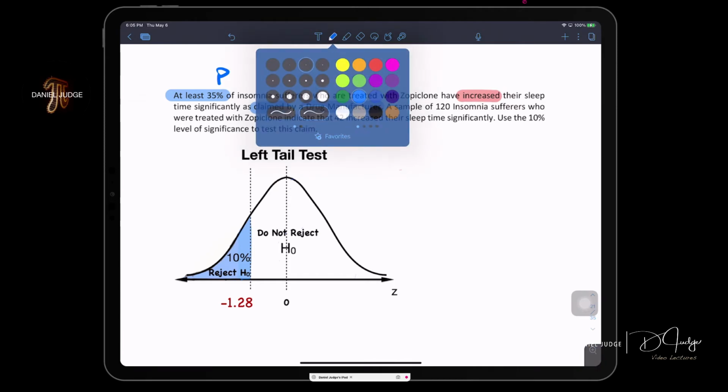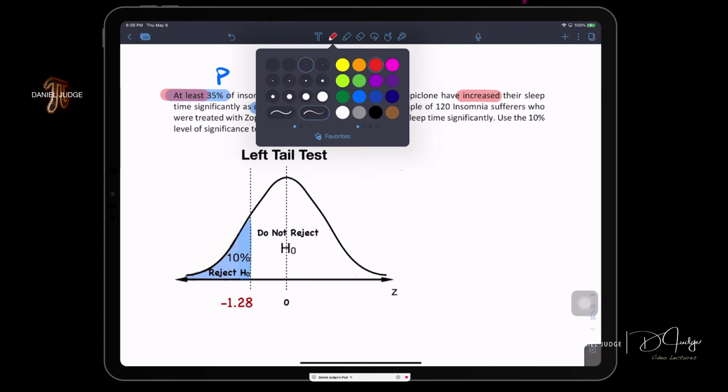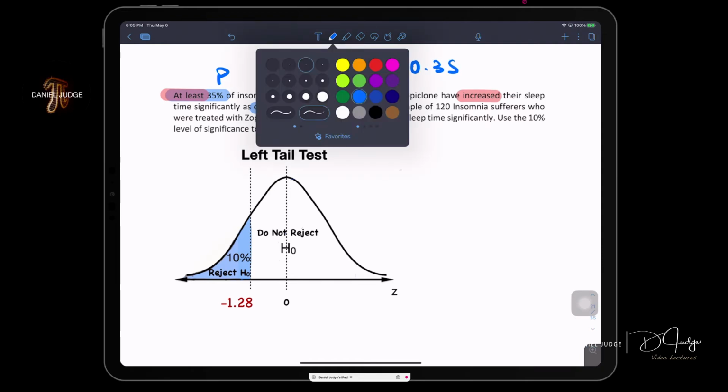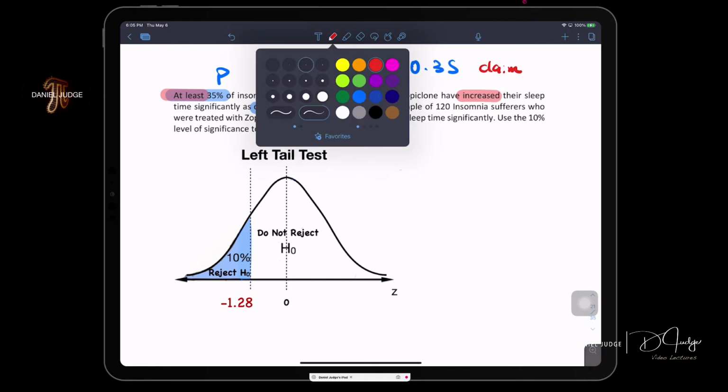The proportion, at least 35, is greater than or equal to 35%. So this is my claim.